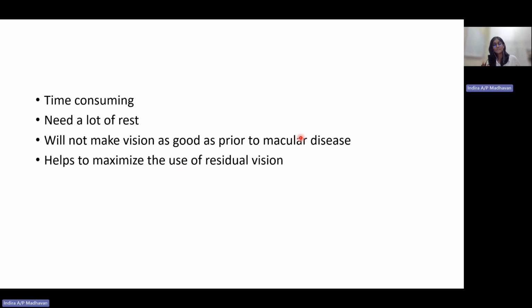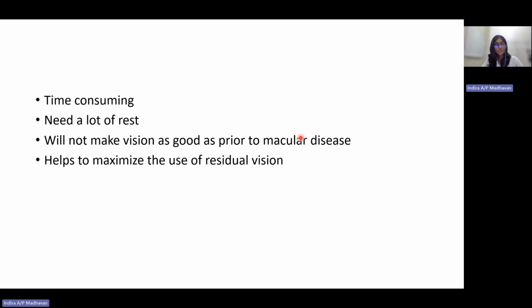So the activity has to be planned ahead. This week we're going to do this, then the next one is going to be this, the third week is going to be this. So we have a plan on how to do it. But whatever you ask them to do back at home, exercise or something, they need a lot of rest. They cannot do it for a continuous 20 or 30 minutes.